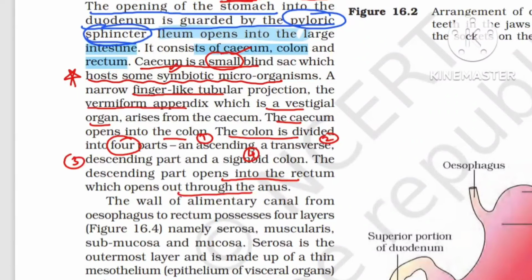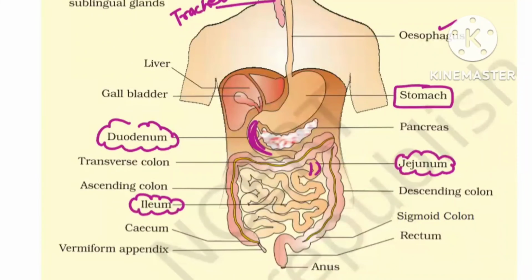Now, let us see the NCERT diagram, beta. See here. If you see carefully, the first part of the large intestine is the cecum. You can see this is cecum, clear, which is hosting a large amount of symbiotic microorganisms. And this small vermiform appendix is coming. This is vermiform appendix.